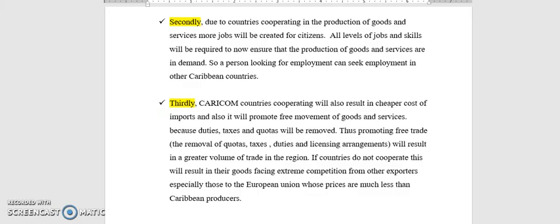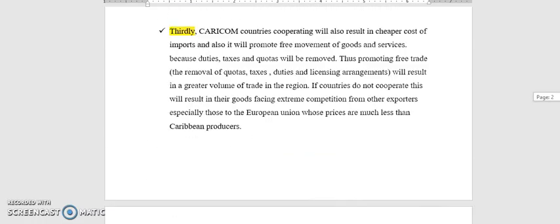On the other hand, if countries within the region do not cooperate, this will result in their goods facing extreme competition from other exporters, especially those in the European Union, whose prices are much, much lesser than Caribbean producers, right?